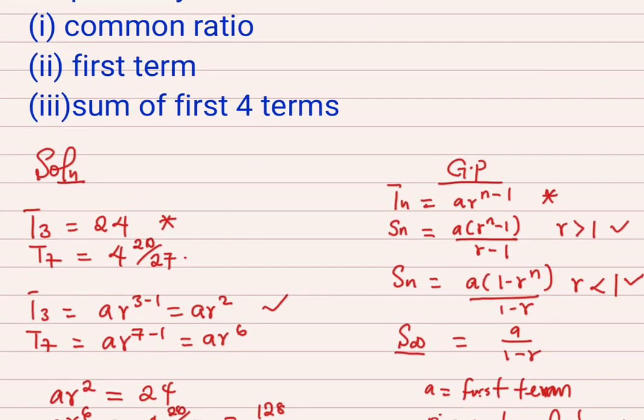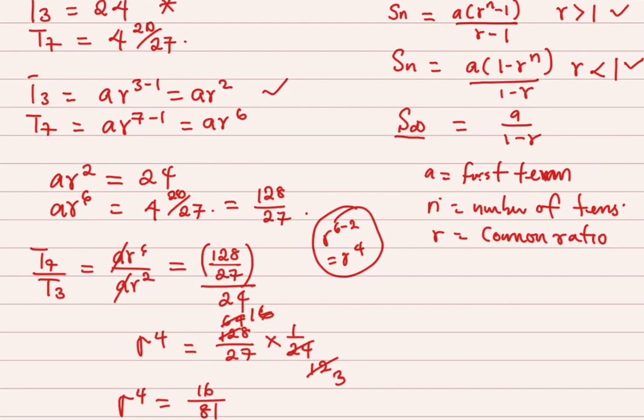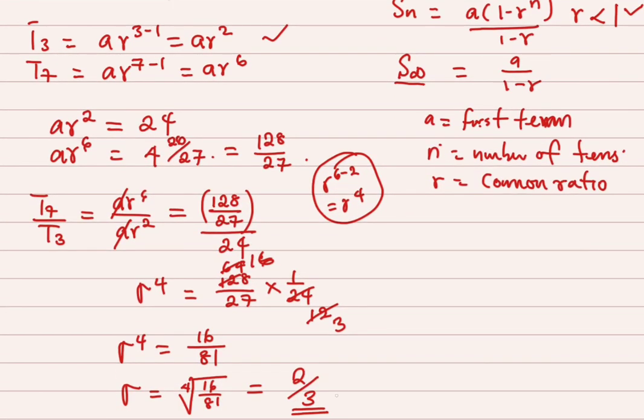We are now at the last question, the sum of the first 4 terms. To get the formula to use, it has to do with our r. What is our r? Our r is 2/3, and 2/3 is less than 1.